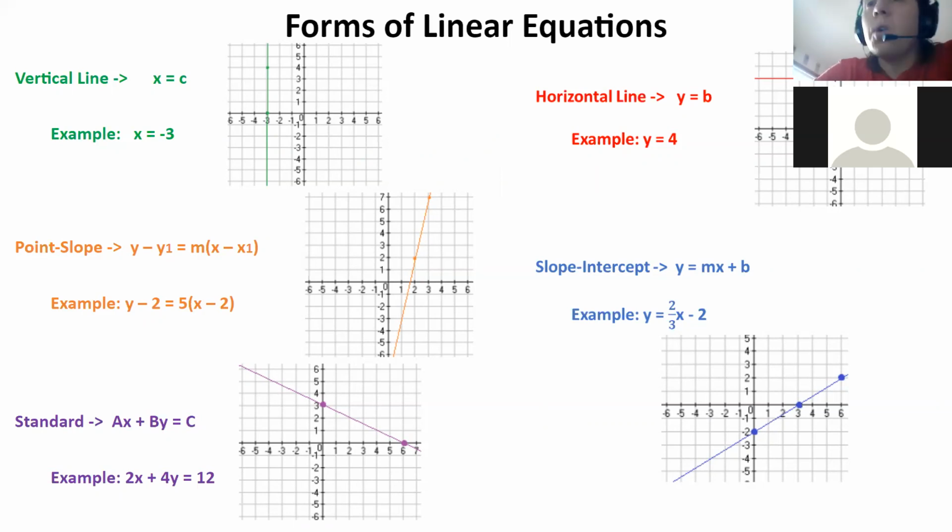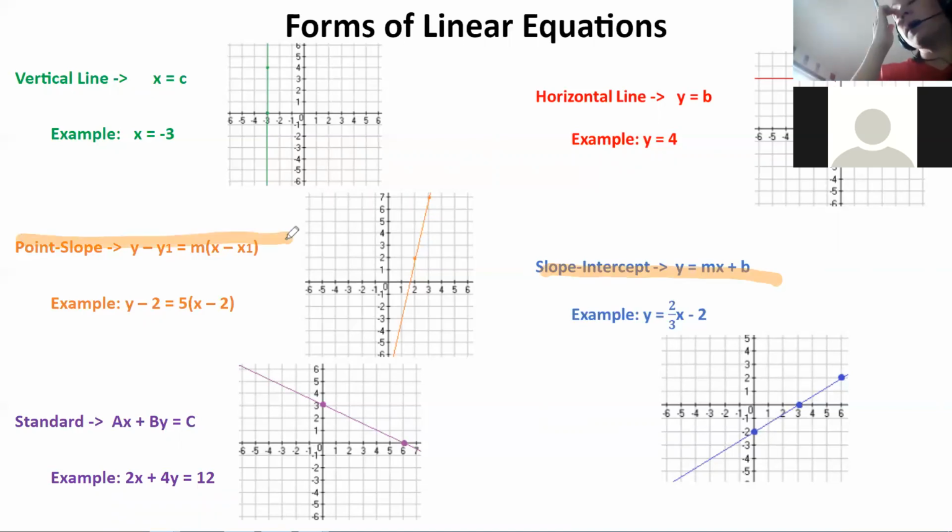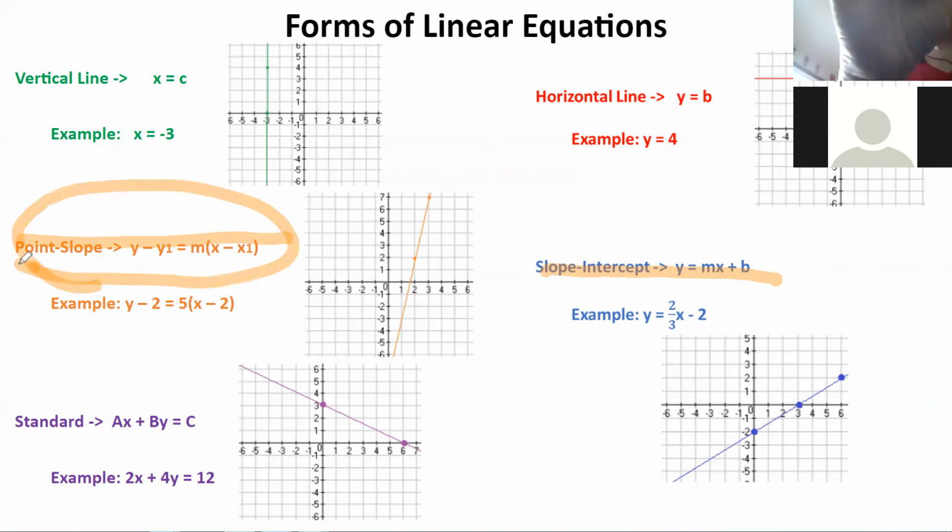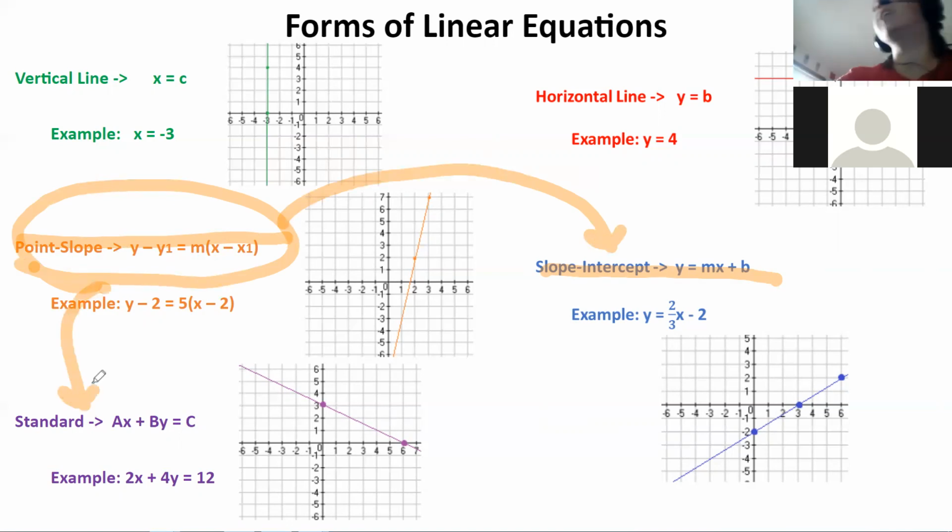Okay, so you guys know slope intercept. You know point slope now. Now what we're going to do is talk about how to start in point slope and convert it to either slope intercept or standard form. Standard form is when both the x and the y are on the same side.